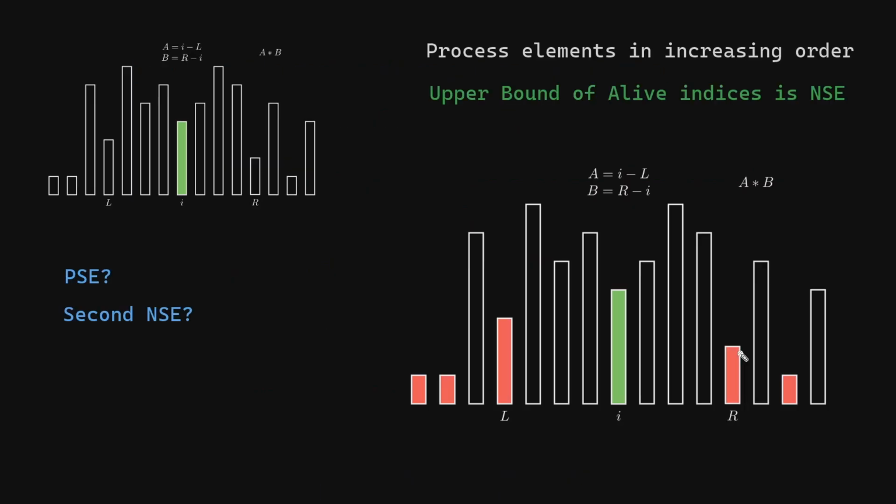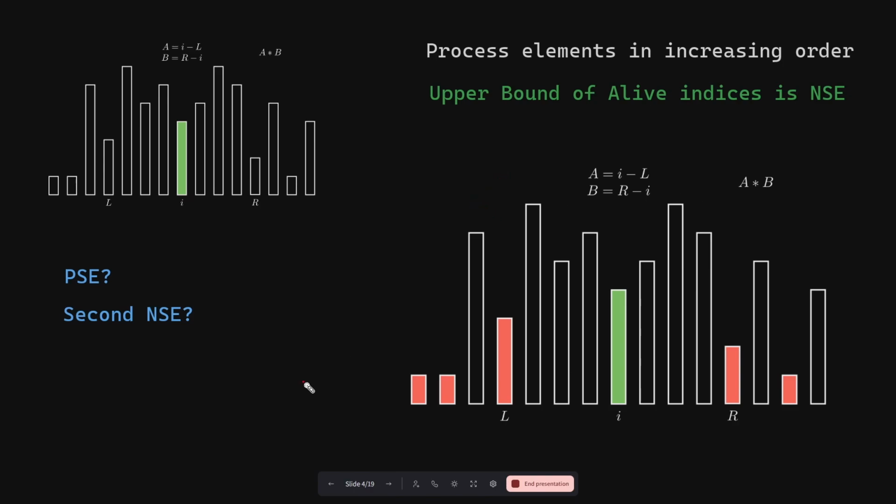How do you find out the next smaller element for an index I? One simple approach to do that is to iterate over this entire array from left to right, and every time you encounter an element that is smaller than ai, you color it as red and you say that this particular element is alive, and all the elements that are not colored, they are dead.